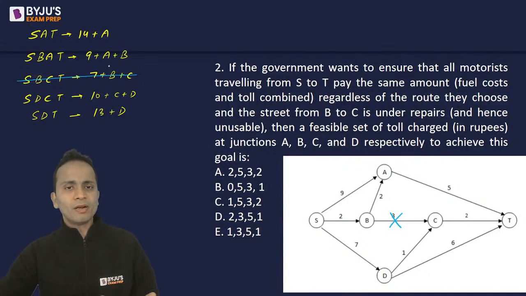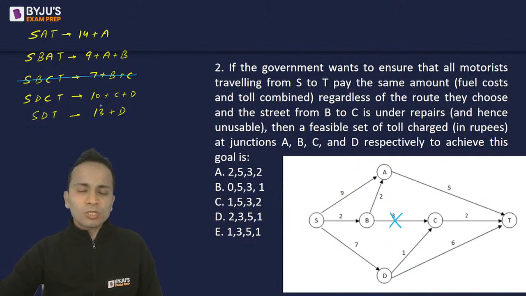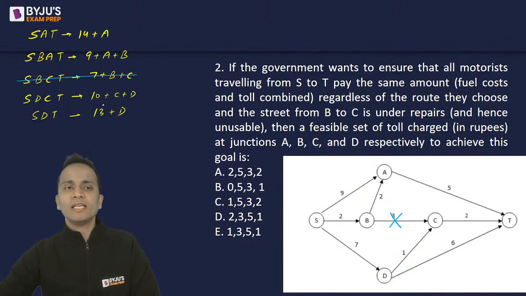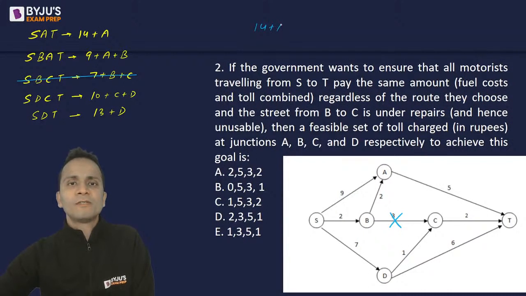So now here, what you can also do is play the game of elimination. All the costs for the first, second, fourth, and fifth routes are equal. So if I equate the first two, 14 plus A is equal to 9 plus A plus B. A will get cancelled. I'll get the value of B as 5.